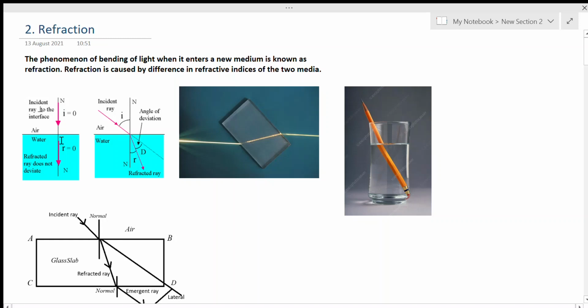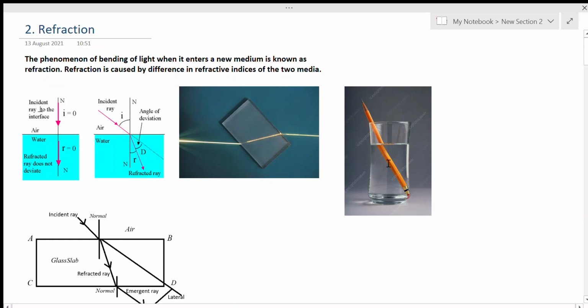the light ray. So here in these figures, we can see in this glass slab, for example, a beam of light is passing through the glass slab, and you can see that its path is getting changed. When it leaves the glass slab also, there is a change of path.